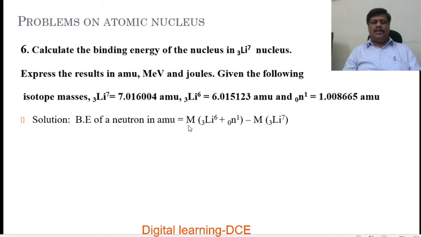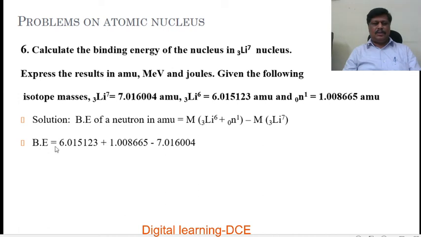Solution. So you know that binding energy of the neutron in AMU is equal to the total mass of the 3 lithium 6 plus neutron minus mass of the 3 lithium 7, because if you write an equation, we get 3 lithium 6 plus neutron gives 3 lithium 7. So mass of the products minus mass of the reactants gives the binding energy.